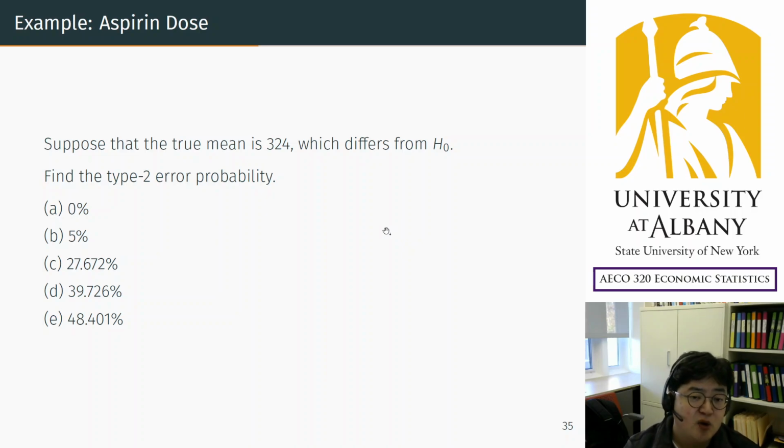So now I'm going to assume 324. So your product is 1 milligram smaller than it's supposed to be. It is different from your belief. So then calculate the type 2 error probability given this situation, this assumption, when the truth is 324.